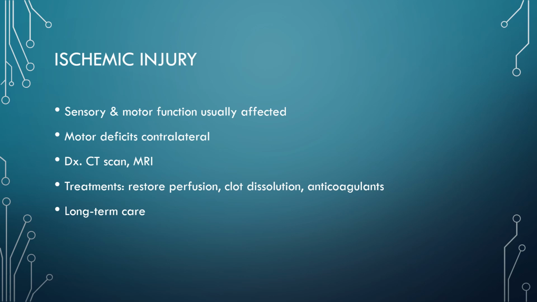And then long-term care with ischemic injuries is going to depend on the severity, the extent of the damage. If they have loss of motor function, they're going to need physical therapy and long-term care at home, or sometimes they go to long-term care centers as an intermediate step between the hospital and home, where they can work on mobility and other things.